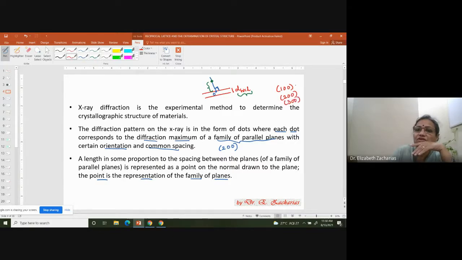Are you able to see that I'm talking of different families here? But they are all parallel. The 100 set of planes are all parallel to each other, and the gap between them is some d_100. 200 is also a parallel family, but the gap between 200 planes is half of that between 100.